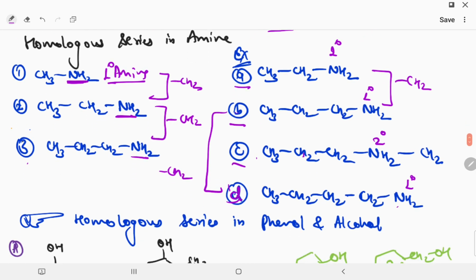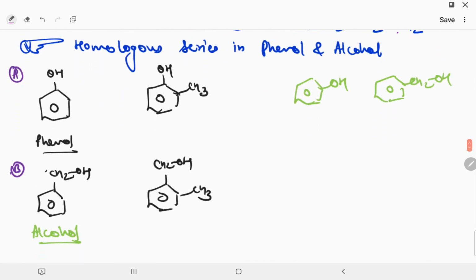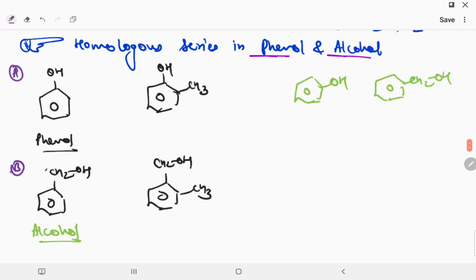Now similar to the exception case, homologous series in phenol and alcohol. We can say phenol is when the benzene ring has OH directly attached, that is called phenol. And we say alcohol when the benzene ring is attached to CH2 having OH, that is called alcohol. Now you can see that they both have a CH2 difference, so this is called homologous.